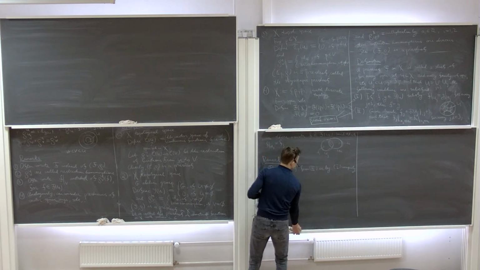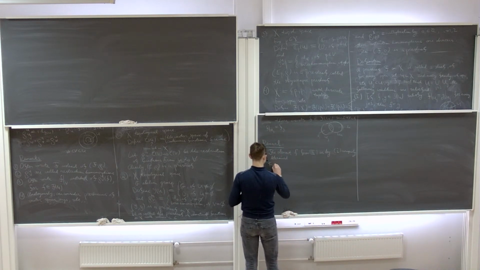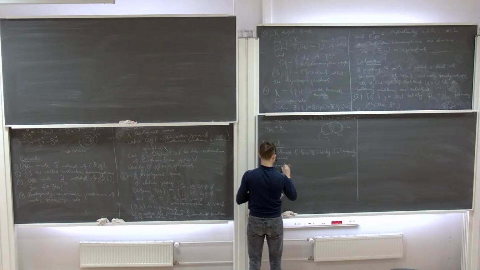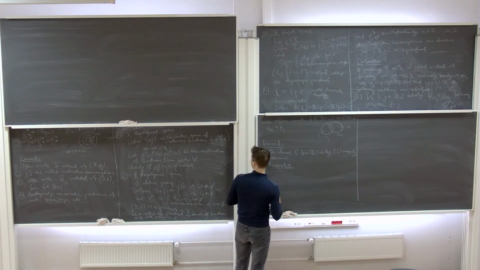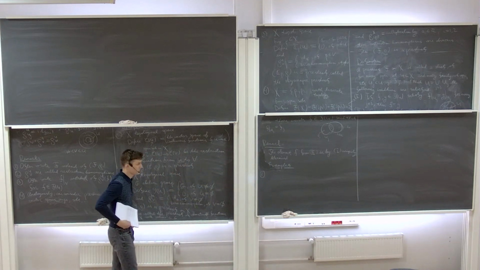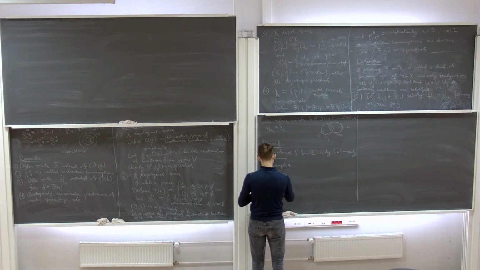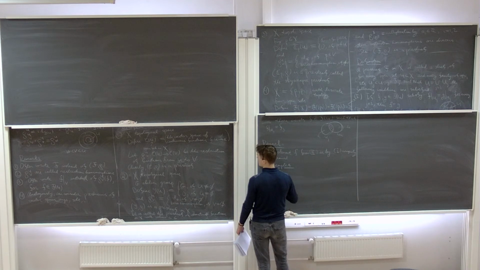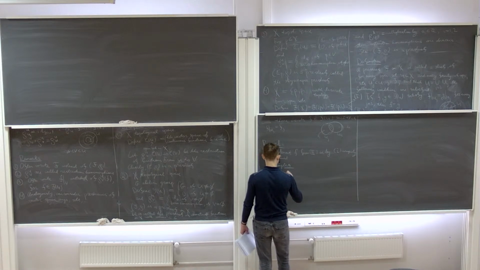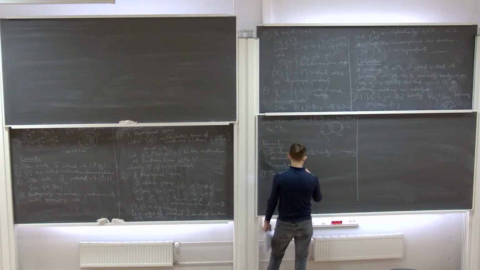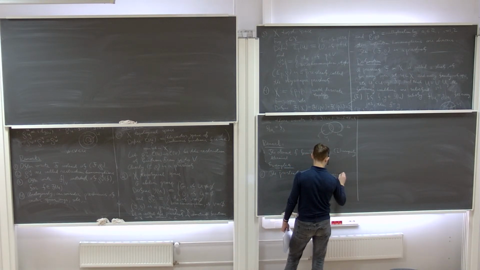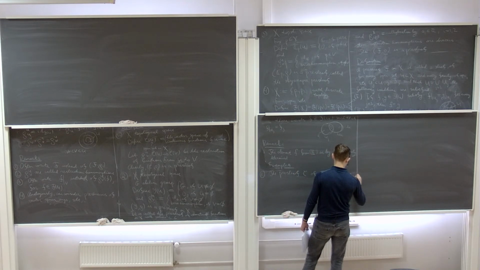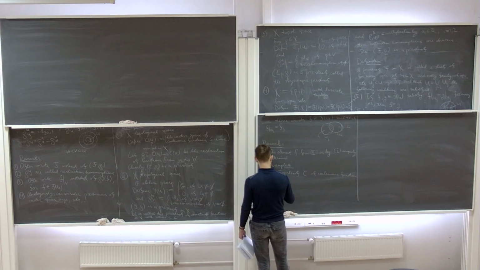Okay, then what are the main examples? First of all, the pre-sheaf C of continuous functions on X is actually a sheaf.